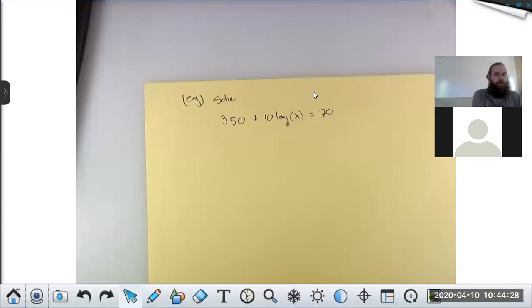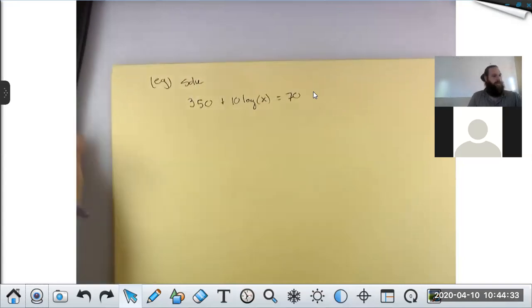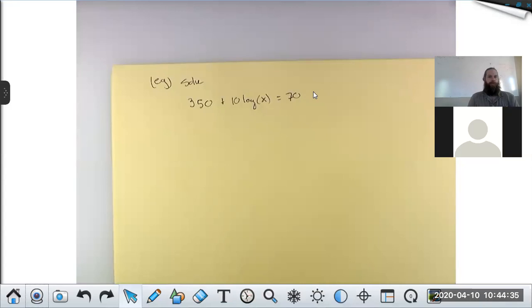So let's see if we can solve a logarithmic equation like this. How should I get started?